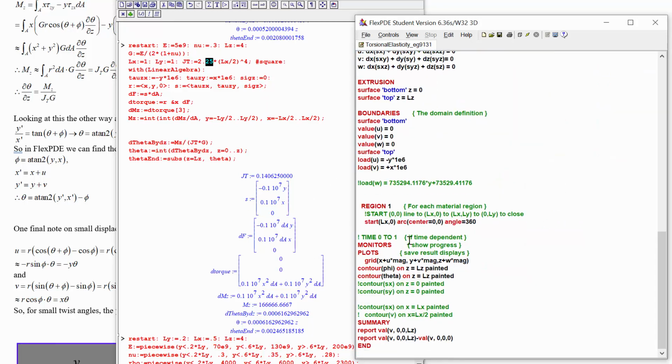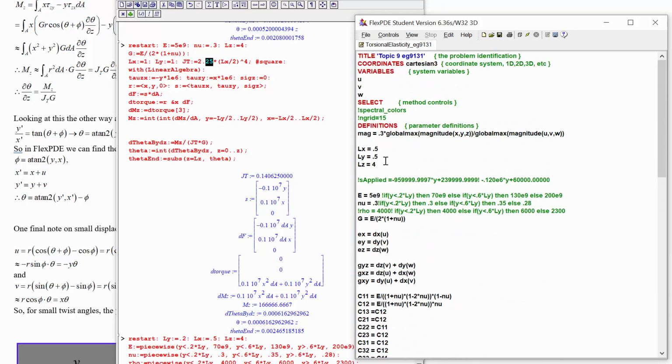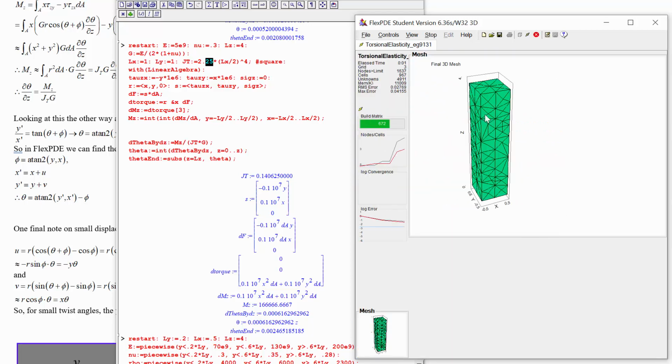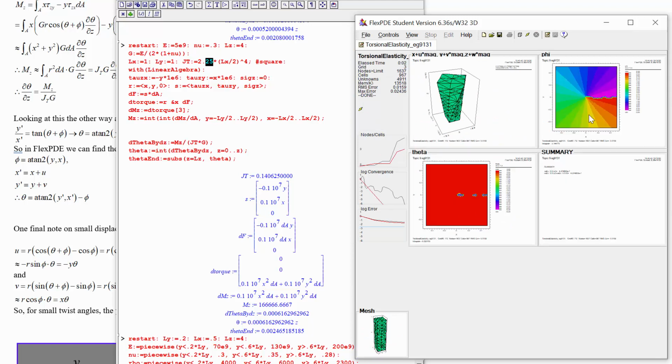So now let's change this to a square going from, let's say, negative Lx, negative Ly, line to Lx, negative Ly, and then Lx, Ly, and then to negative Lx, Ly. Lx here is, remember, half of the side length. So this should be giving us the square that we're looking for and a twist that we're looking for as well.